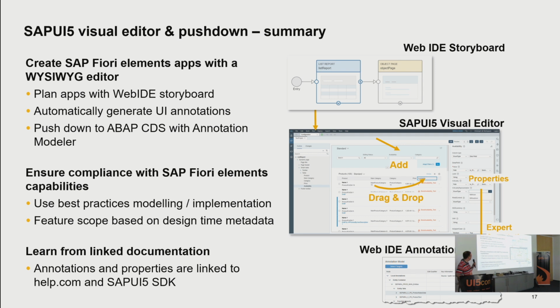As said, the SAP UI5 Visual Editor is a WYSIWYG tool which allows you to create your app with the preview, and then we are generating automatically the UI annotations. And in future also the other artifacts, manifest switches, and of course the control properties are already supported right now. And to complete the flow, in case you are using ABAP CDS, you get the pushdown tool which allows you to push it to ABAP CDS.